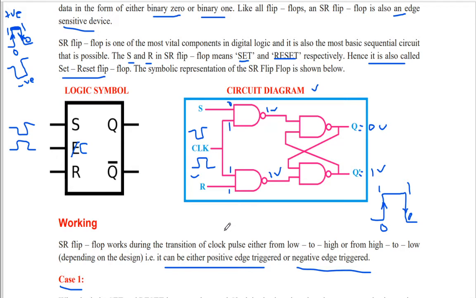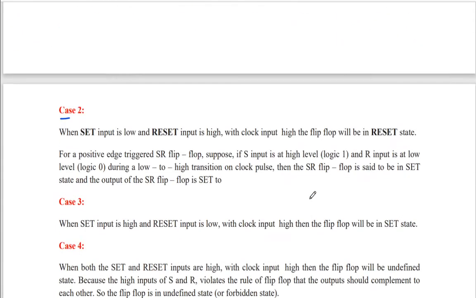So what will happen when both inputs going to the lower NAND gate are 1 1? The lower NAND gate will produce a low output. So what will happen here? When S is 0 and R is 1, the flip flop state will move to the set state. Okay.